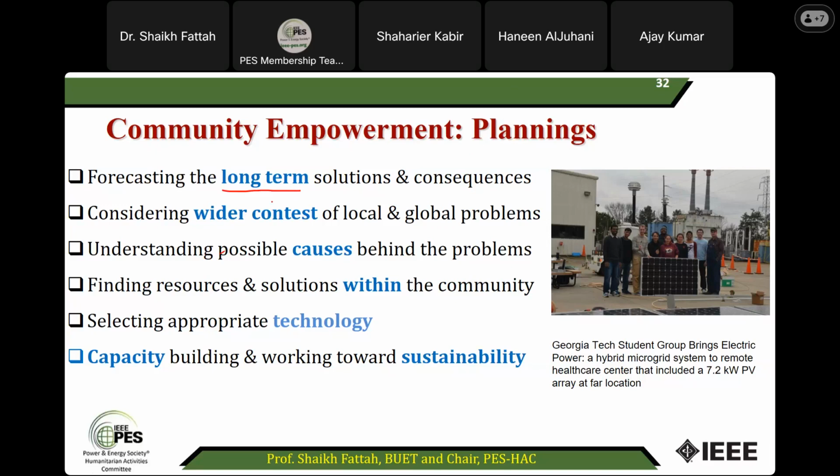But at least you have to clearly have an idea about the long-term consequences. Not necessarily can all projects give long-term solutions, but at least you have to have an idea about the long-term consequences. The best is long-term solutions as well as awareness of the long-term consequences of the project you will be implementing.